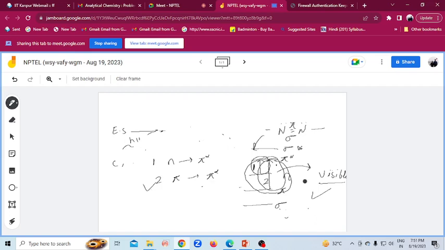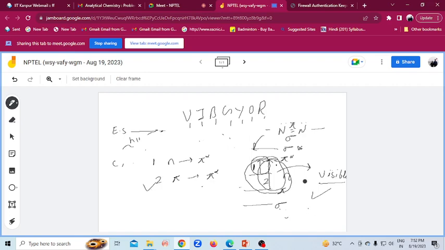So it can be interpreted that if higher energy is required for a transition, it will give a particular color. Why am I talking like that? Because you know about the 7 colors: violet, indigo, blue, green, yellow, orange and red.